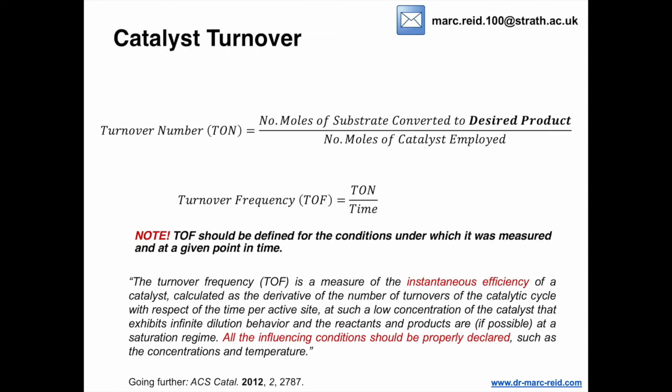Quote, "The turnover frequency, TOF, is a measure of the instantaneous efficiency of a catalyst, calculated as the derivative of the number of turnovers of the catalytic cycle with respect of the time per active site, at such a low concentration of the catalyst that exhibits infinite dilution behaviour and the reactants and products are, if possible, at a saturation regime. All the influencing conditions should be properly declared, such as the concentrations and temperature."